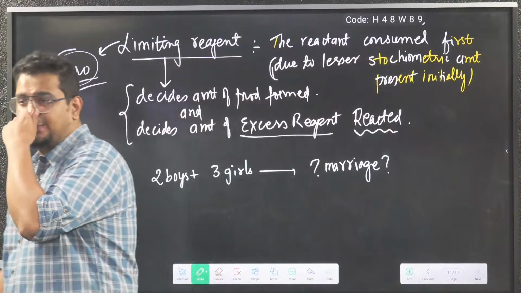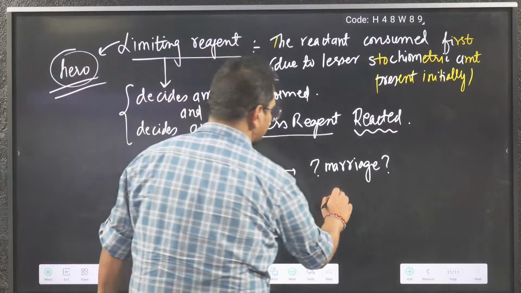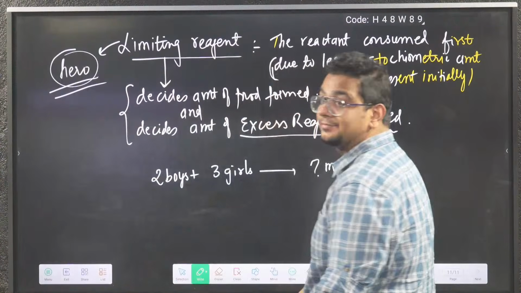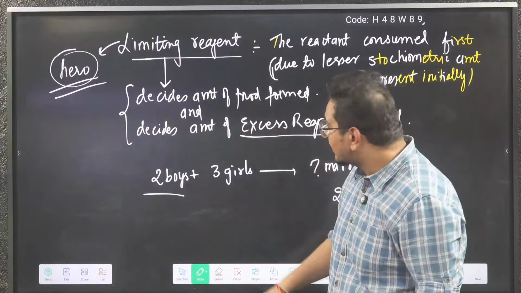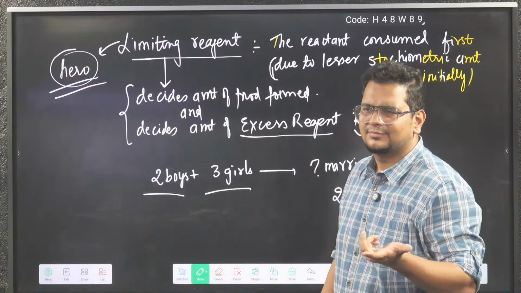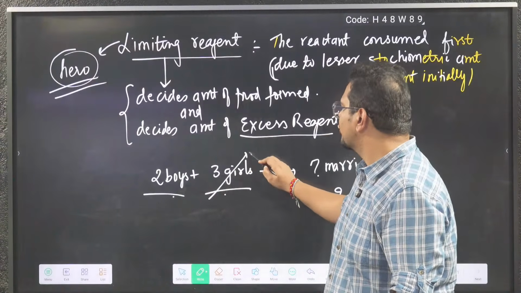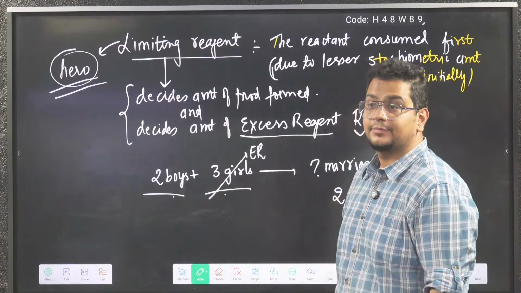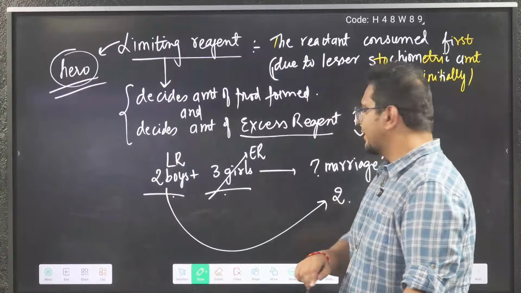Two, because boys were only 2, girls are 3, and one boy reacts with one girl. So 2 boys react with 2 girls. Girls are extra, they are the excess reagent here. Boy is the limiting reagent here, and the limiting reagent will decide the product.